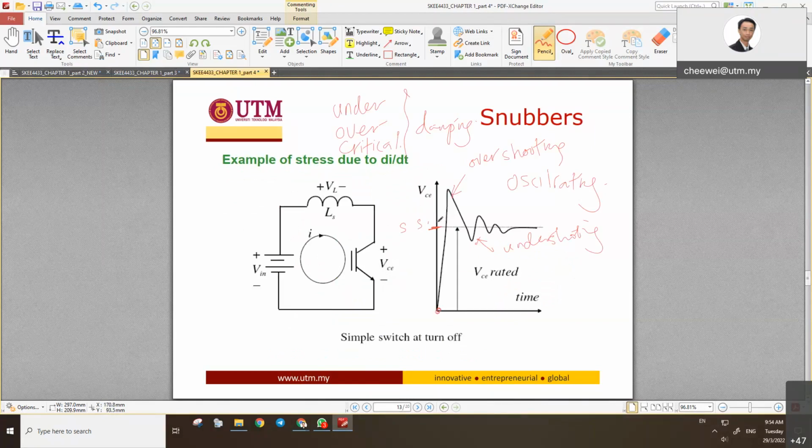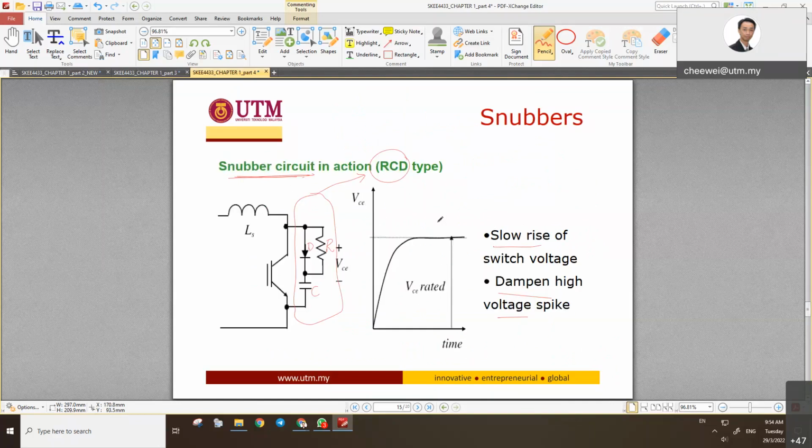What else do I need to say here? The original waveform we had just now, it helps to turn it into a very nice and slow rise. Sometimes if the spike is too high, what is the impact?